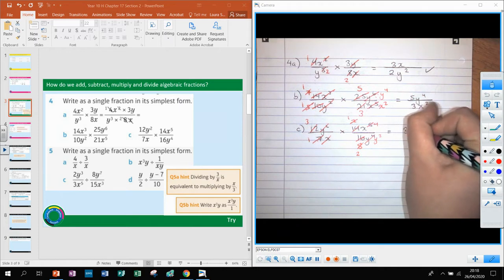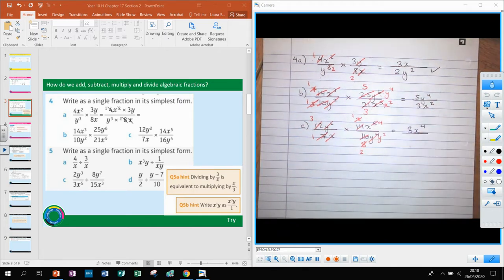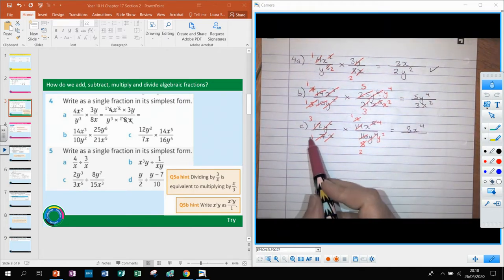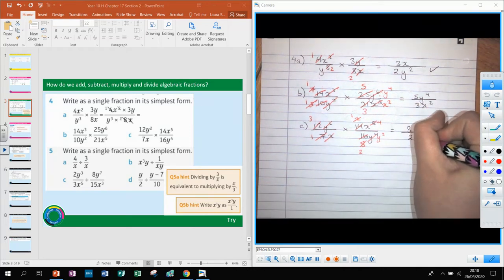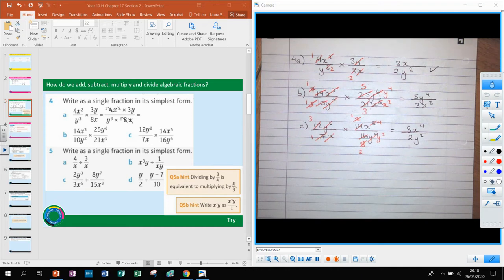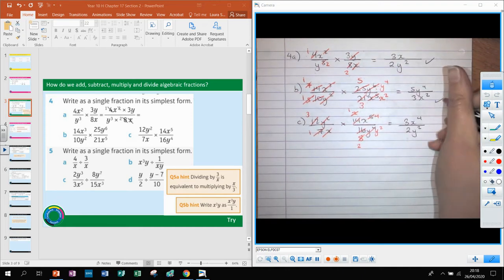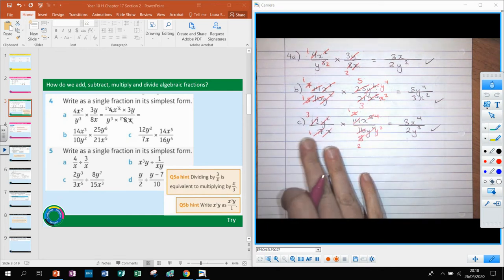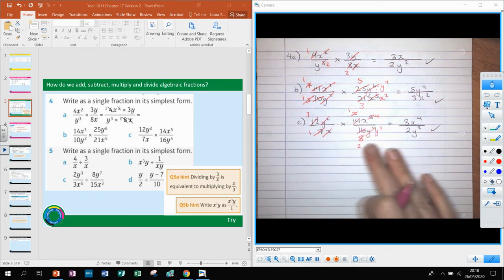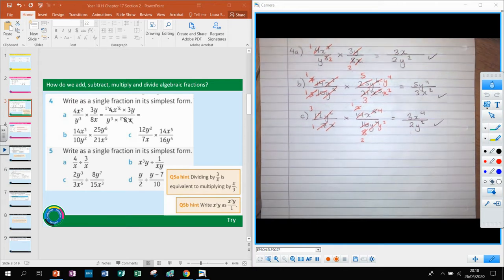So that would be 3x to the 4 all over this one where we just have 1 left over, and then 2y squared. So that becomes 2y squared. Right, so really important that when you do this, you keep track really well. You know exactly what you've done so that you don't forget a number, okay, or a letter when you get to this stage. All right, but that's completely finished.